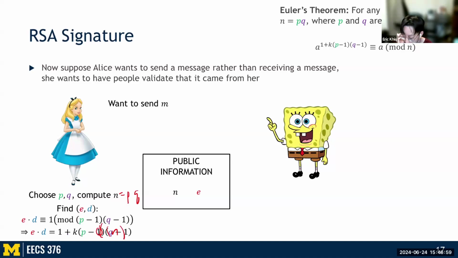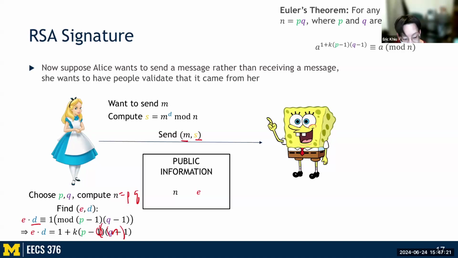And now Alice wants to send a message M to Bob. So she's going to compute the signature by raising the message M to the private key d, mod n. And then they're going to send the message and the signature to Bob.